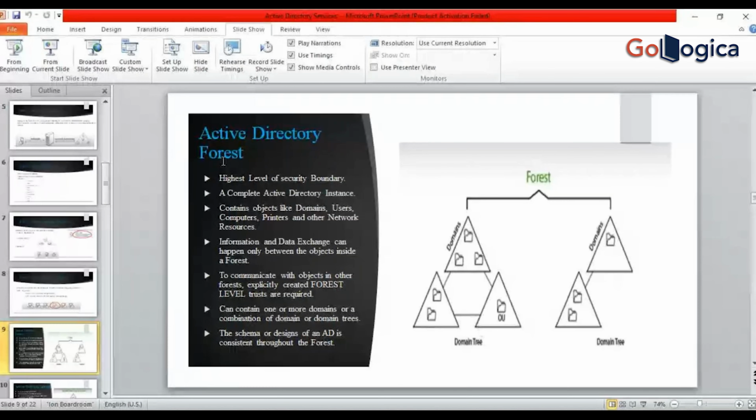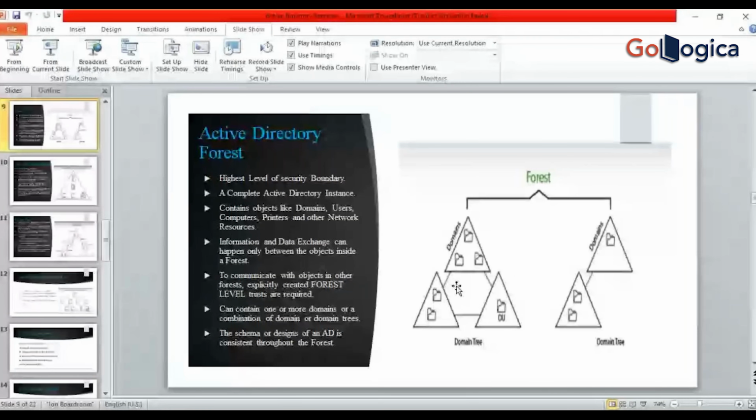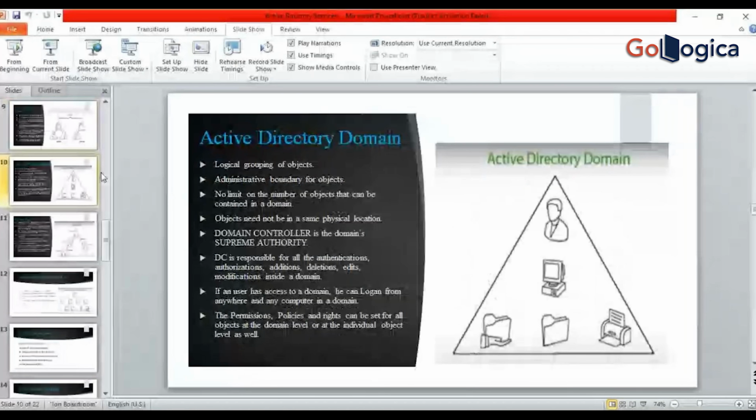And regarding the domain, if we look at this picture, a forest has domains, and what do domains have? Domains have all the other objects which are supposed to be inside. Like if I am working on a project, that is my project domain, and then my name comes under it, my identity.